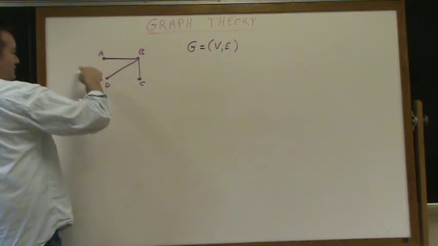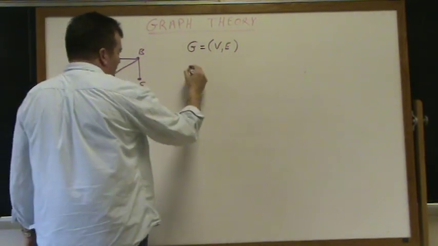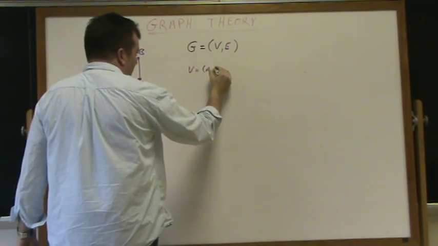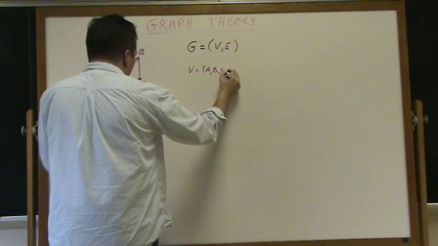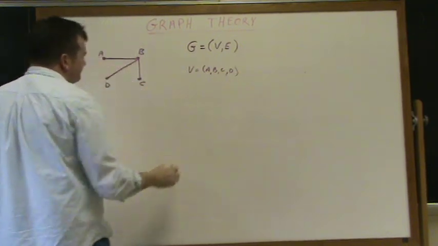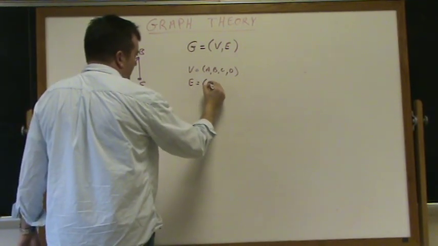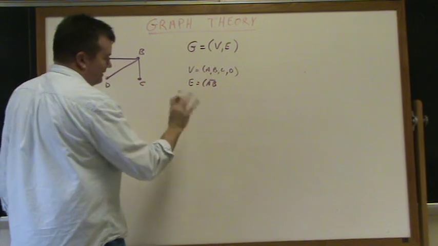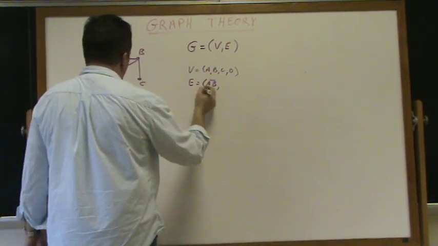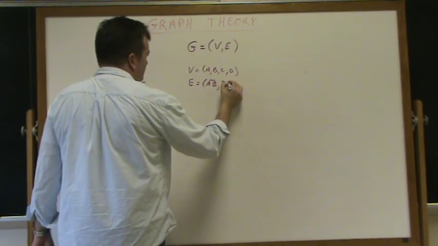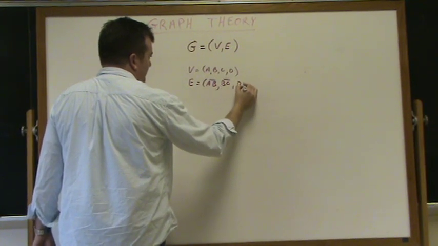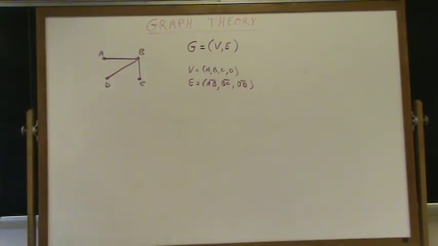So this whole thing is G. The vertices are A, B, C, and D. And the edge set would be A to B, sometimes drawn as a connection between A and B, B to C, and B to D. So we have a collection of vertices and a collection of edges, which obviously have to connect existing vertices. Put it all together, we call that a graph.